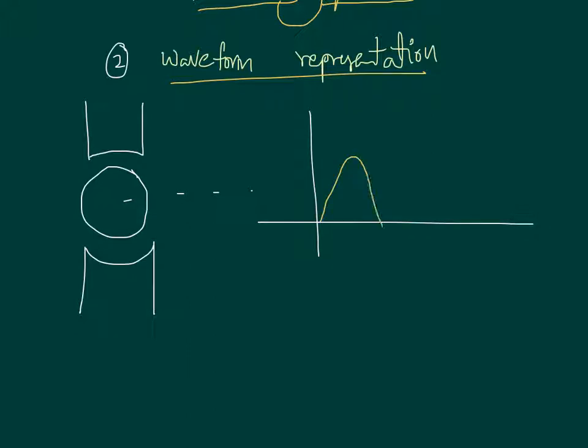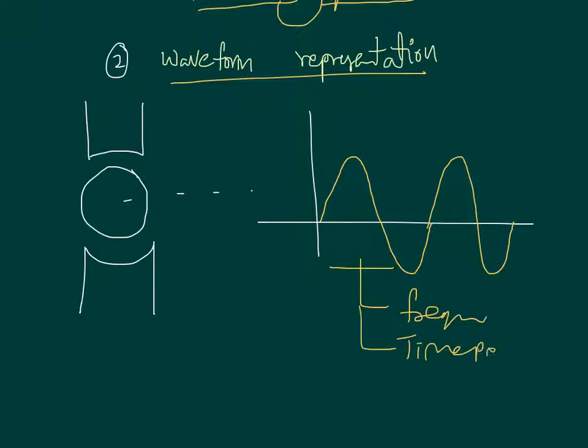We will get a sine wave. This is the waveform representation, representing in the form of a wave. Waveform means definitely it will have some frequency and time period and amplitude, etc. So for the waveform, we will discuss all these things. This is the waveform representation of the alternating quantities.